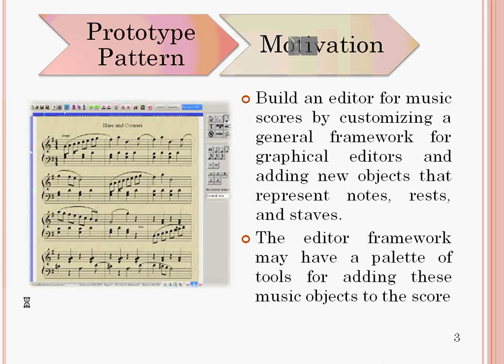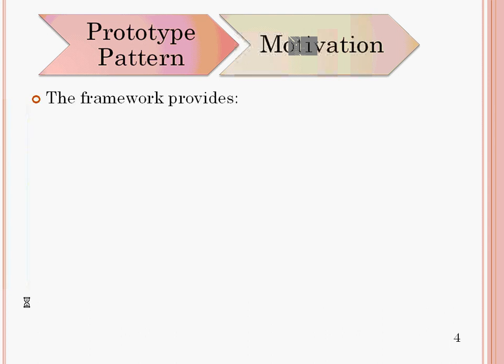The editor framework, as you see, the default editor would have some tools which will help you create those objects. That needs to be extended to create the graphical notes, etc., pertaining to the music. So how do you solve this?